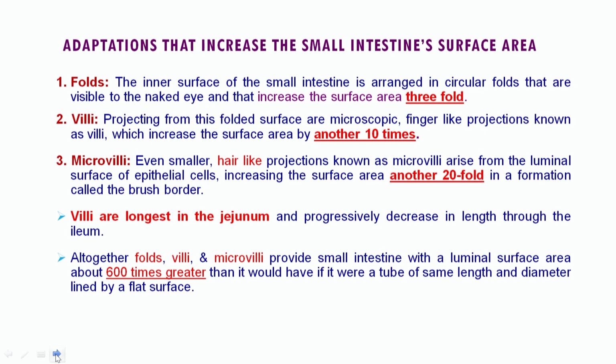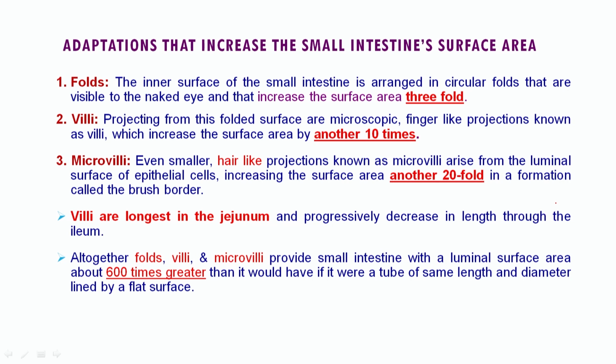And then villi, which are situated over the folds of the intestine, increase the surface area by another 10 times. The third one is microvilli, hair-like projections arising from the luminal surface of the epithelial cells, increasing the surface area another 20-fold in a formation called the brush border.